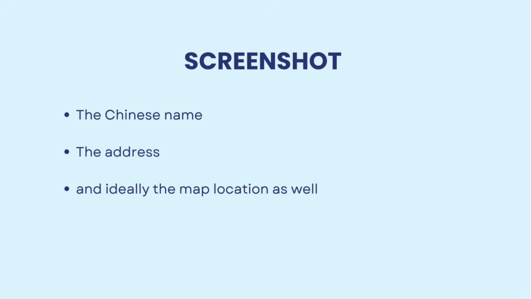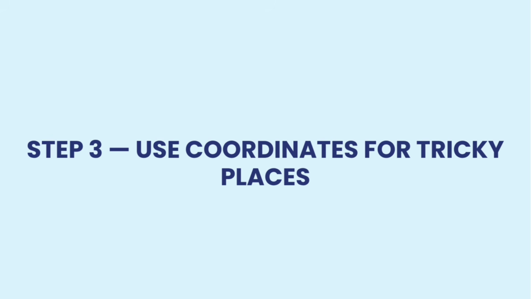So when you save a hotel, attractions, or important directions, do not just copy the address, also screenshot the Chinese name, the address, and the map location as well. That way, you always have a visual backup. This is especially useful right after landing, when you are trying to get to your hotel and do not want any confusion.